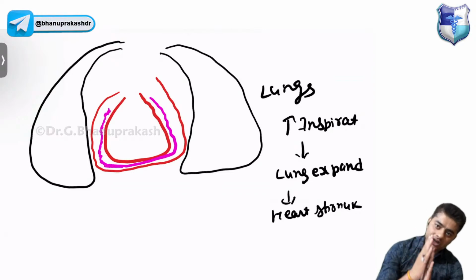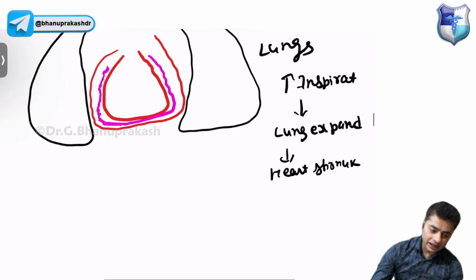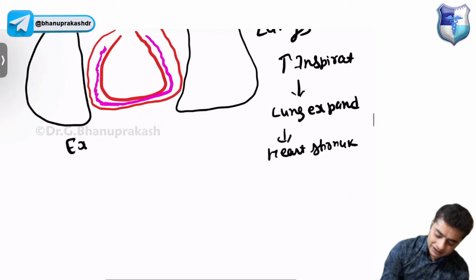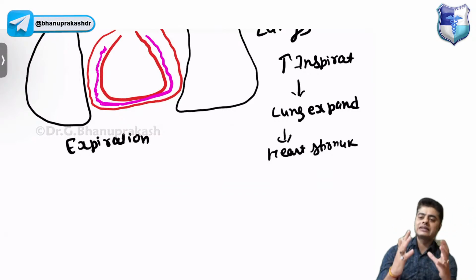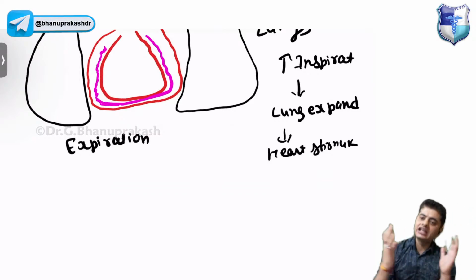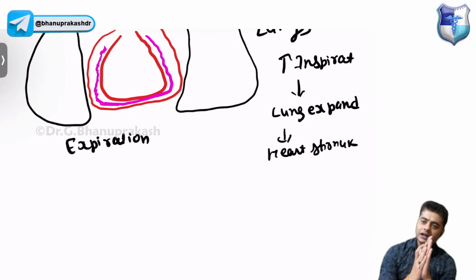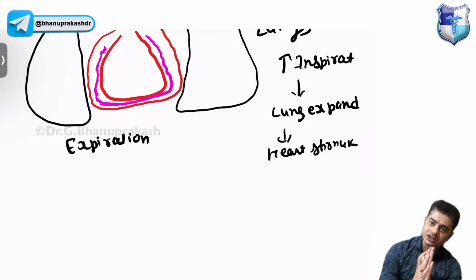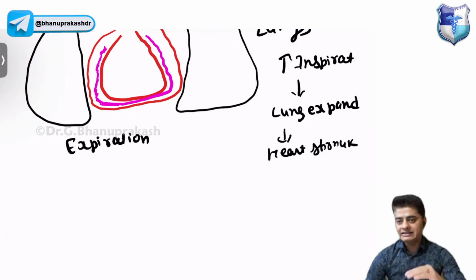So that's why in inspiration, your pericardial rub pain increases. And the opposite happens in expiration. In expiration, your lung volume decreases, so the heart has enough space to expand. So the pericardial layers don't get enough time to rub with each other. That's why on expiration pain decreases and on inspiration pain increases.